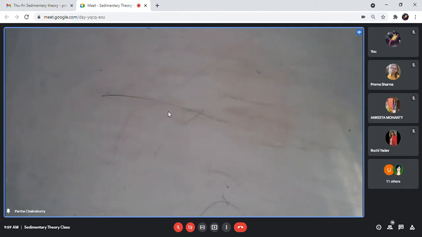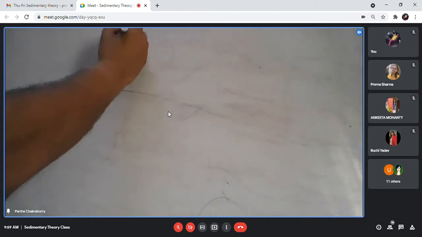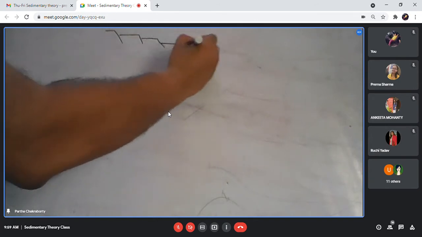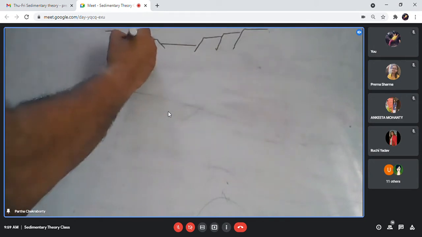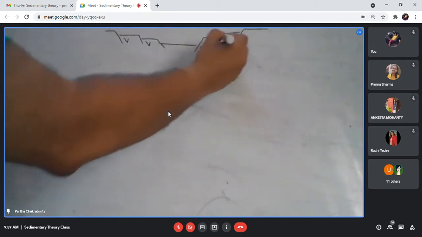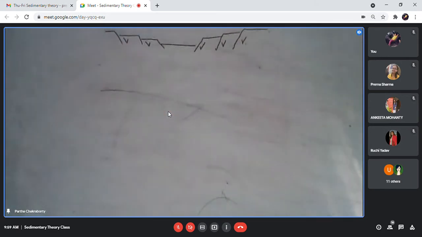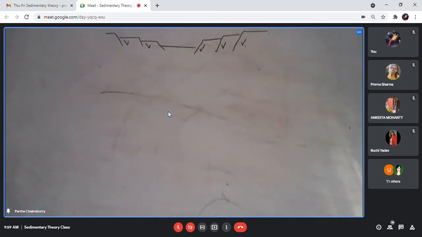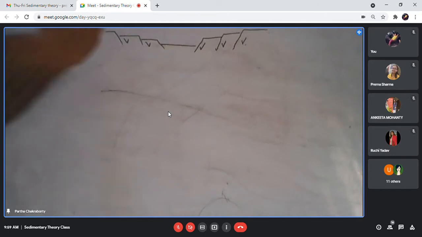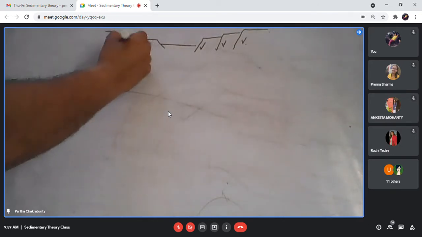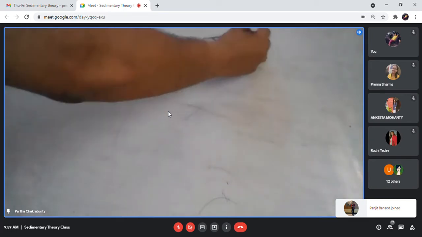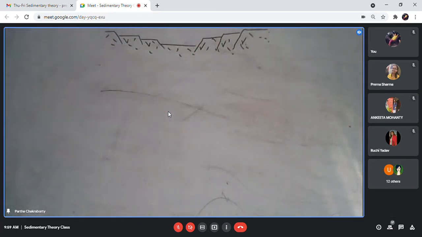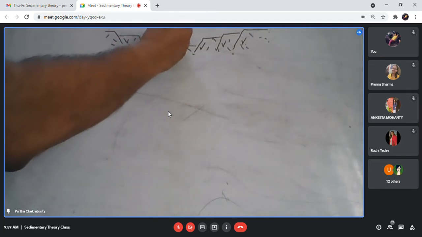If I start with the intercontinental rift, this is the kind of situation I get. This is a rift, and when it is purely intercontinental, entirely remaining in the continental crust, then we call it an intercontinental rift.